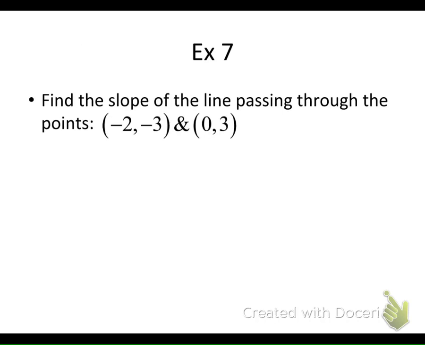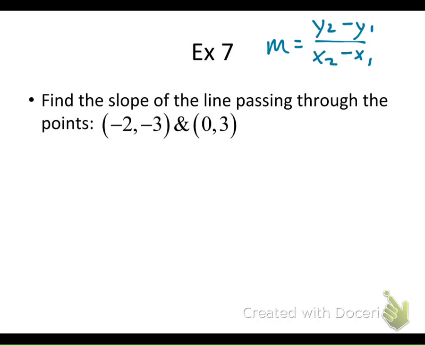Okay, we ready for example 7? I'm going to write the formula for myself up here, just so I have it in front of me. y2 minus y1 over x2 minus x1. So the first thing, before we even start to solve this, I'm going to label these values.